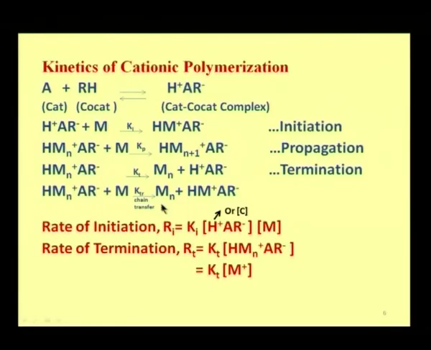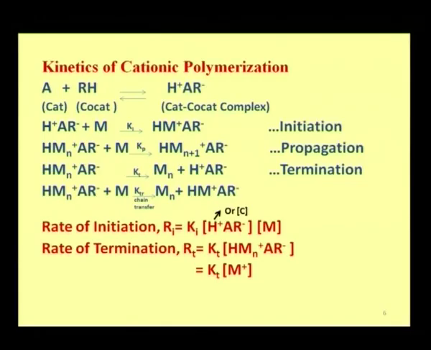When it attacks a new monomer molecule, this forms a neutral polymer molecule with Mn, where n is the degree of polymerization, the number of monomer molecules present in the polymer molecule, and another growing polymer chain with the insertion of the new monomer into the co-catalyst catalyst complex that is going to be formed. So, this is how the kinetics can be explained in terms of initiation, propagation and termination steps.